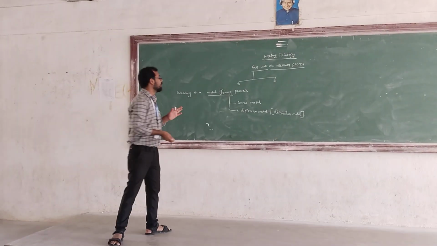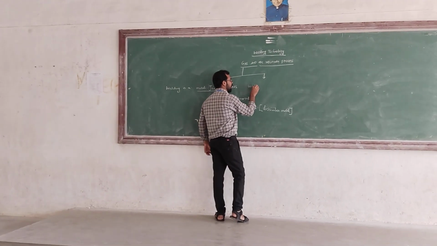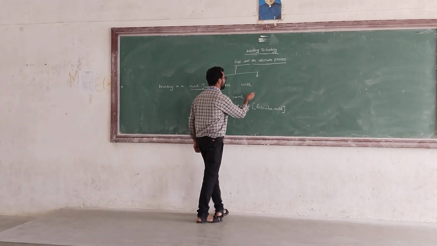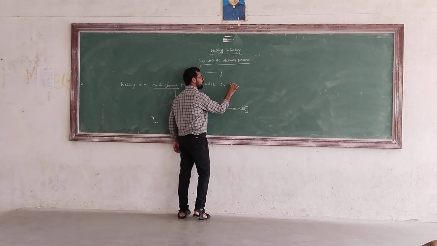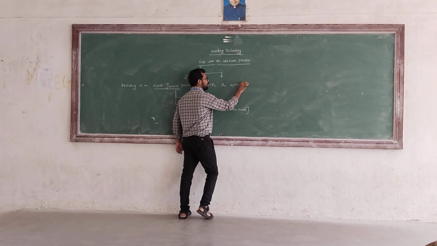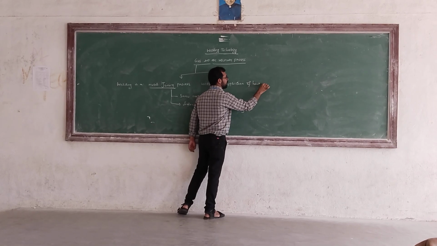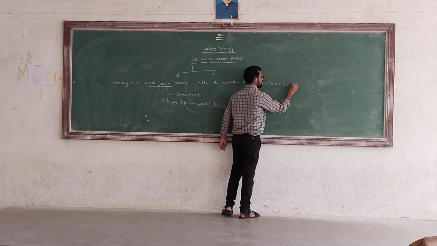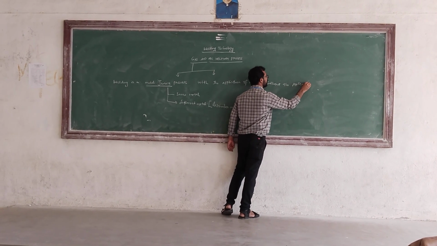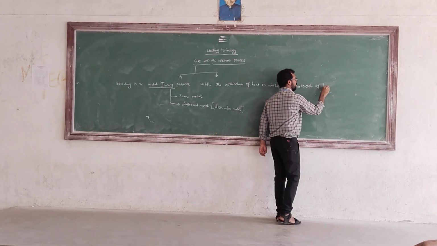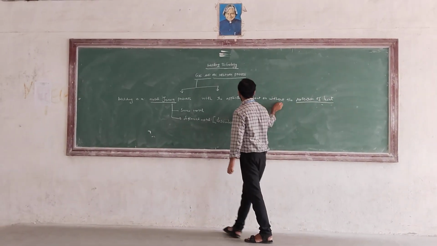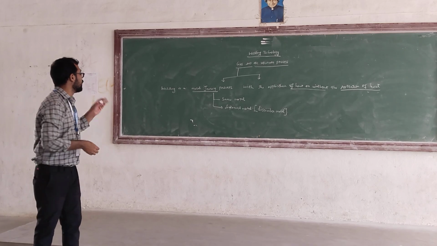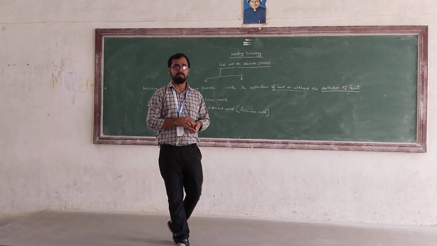The process of joining the same metal or two dissimilar metals is called welding. You can join the metal with the application of heat or without the application of heat, joining the metal by using flux or electrode, anything.